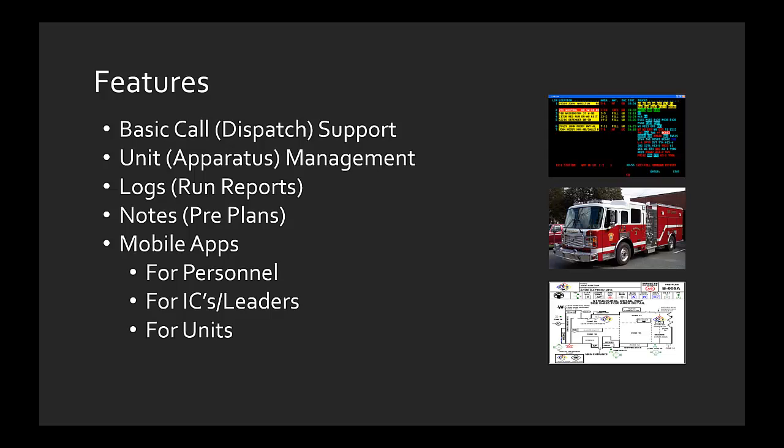And this will be uniquely tuned for that role. So you'll be able to select which personnel are on the apparatus with you. That'll help your accountability, and it'll also allow you to track the GPS location of that unit, because it should have an active cell connection, and then allow you to add some notes to your personnel.